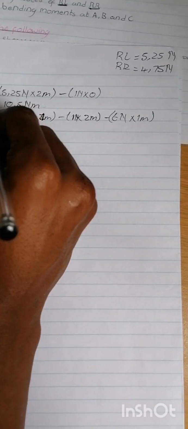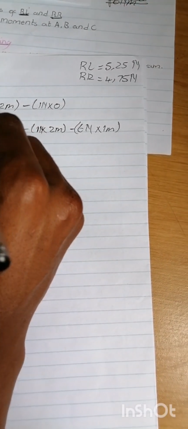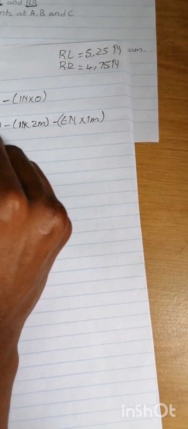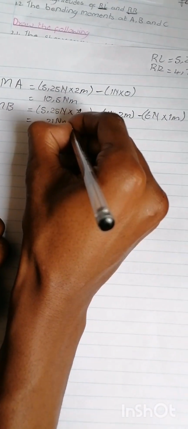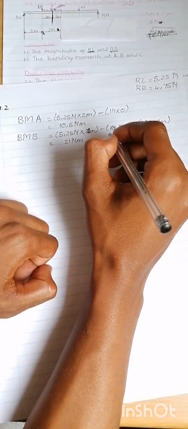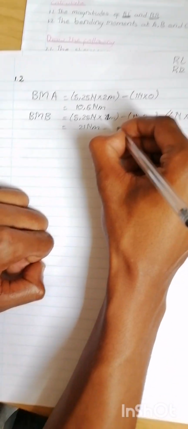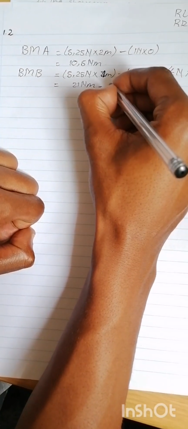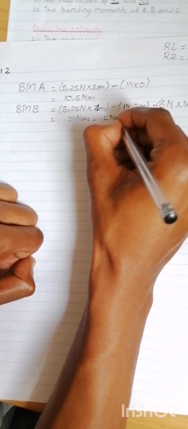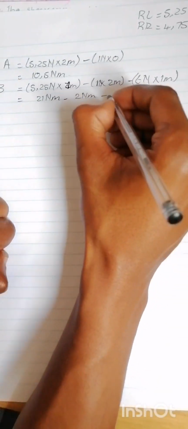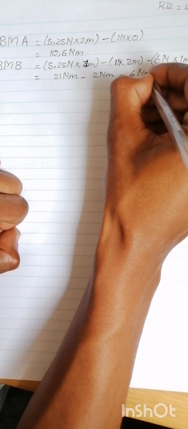Moving on, we know that this multiplied by 4, it's actually 21 Newton meter, and 1 Newton multiplied by 2, it's 2 Newton meter, minus 6 Newton meter.